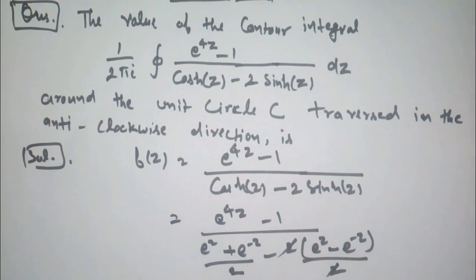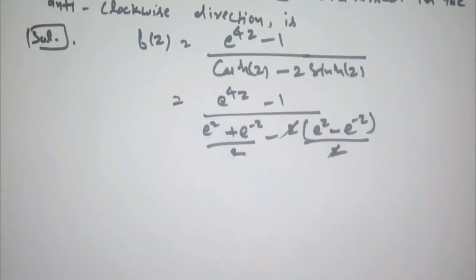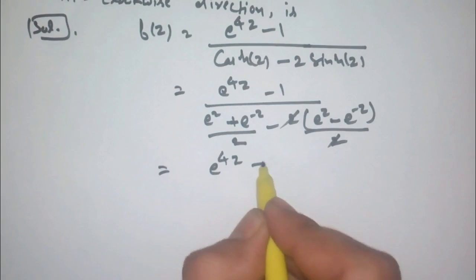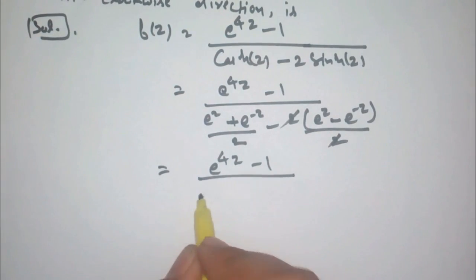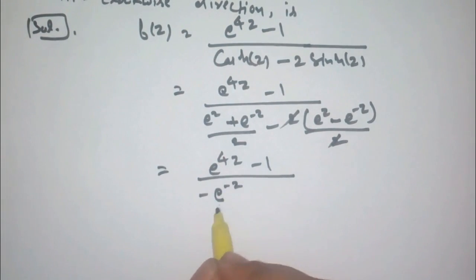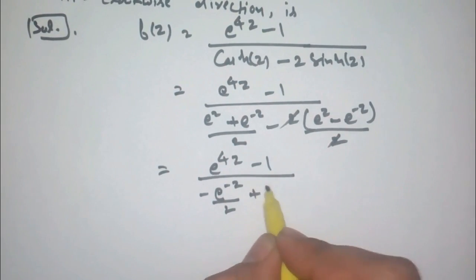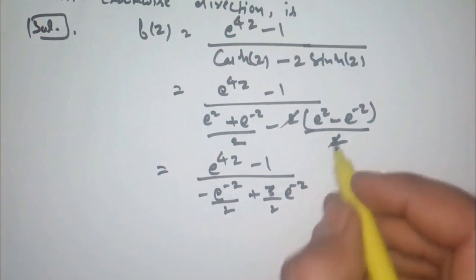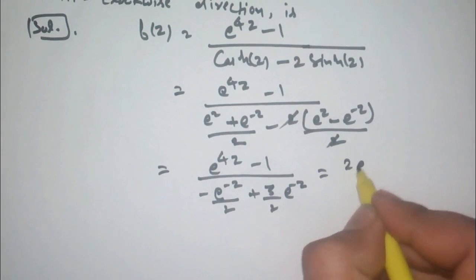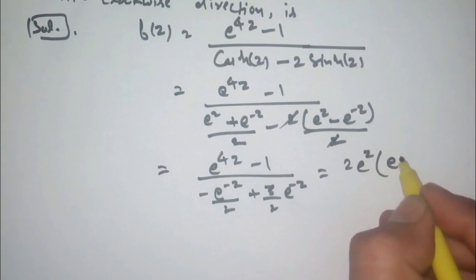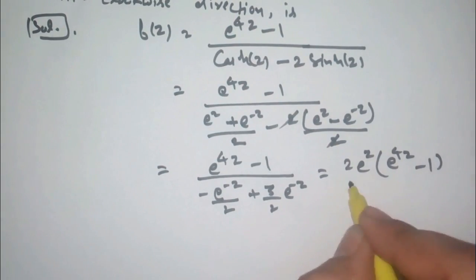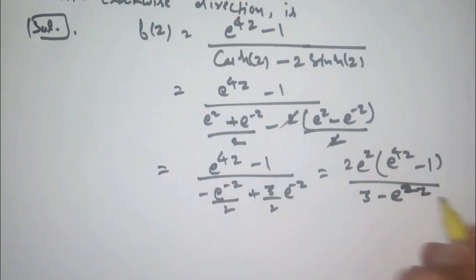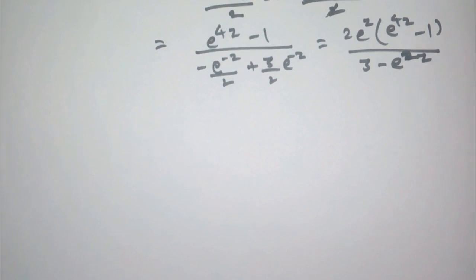These two will cancel each other and we will get (e^4z minus 1) upon (minus e^z upon 2 plus 3 upon 2 e^minus z), and this will become 2 e^z (e^4z minus 1) upon (3 minus e^2z). Now let's find the pole.